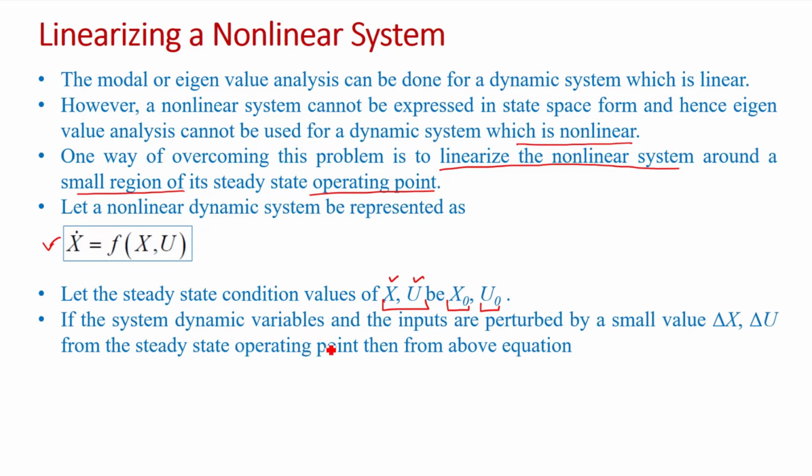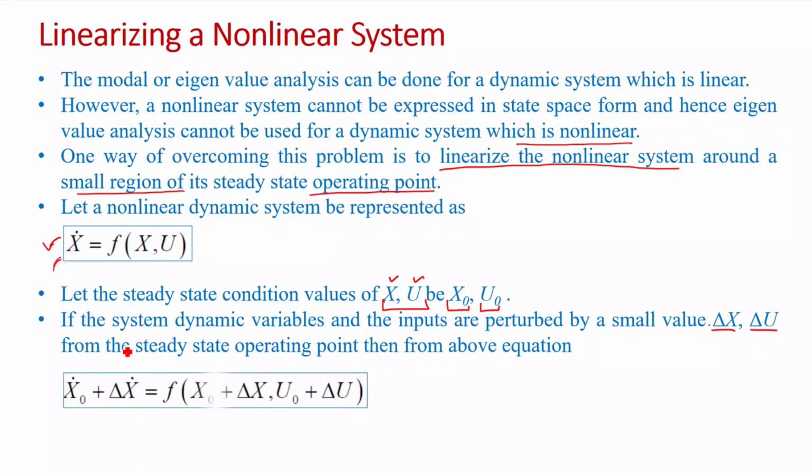If the system dynamic variables and inputs are perturbed by a small value, that is delta x and delta u, from the steady state operating point, then we substitute the perturbed values, that is x equal to x0 plus delta x and u equal to u0 plus delta u.